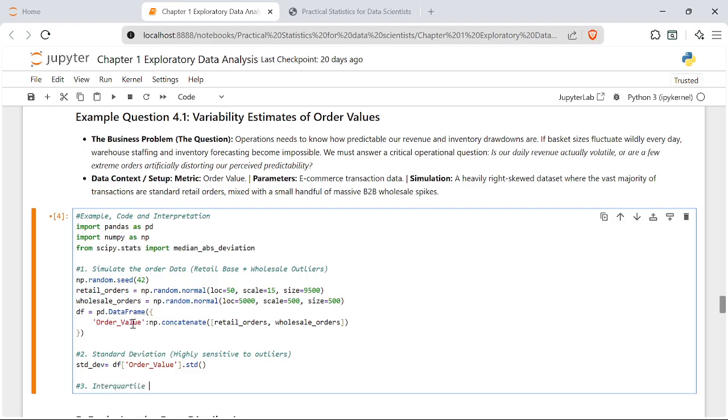Interquartile range, or IQR, spread of the middle 50% of orders.